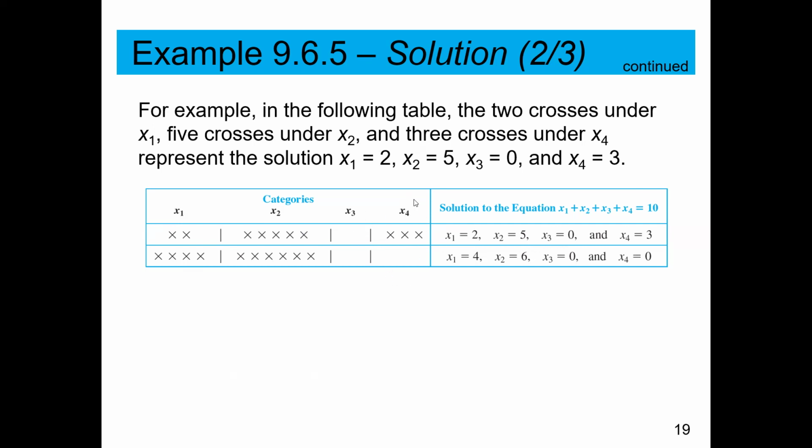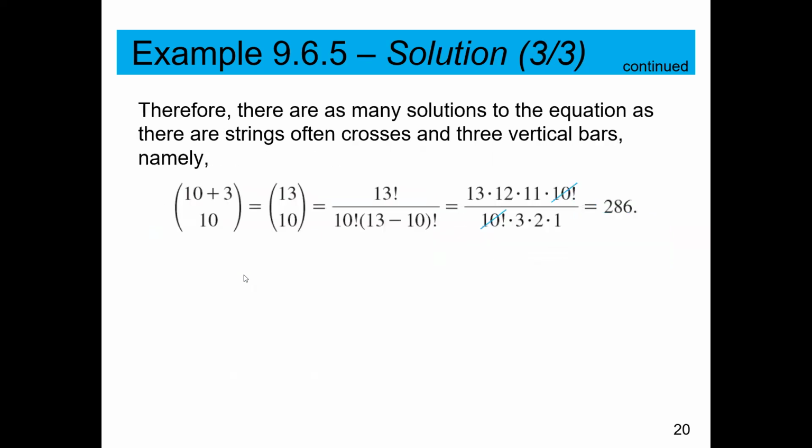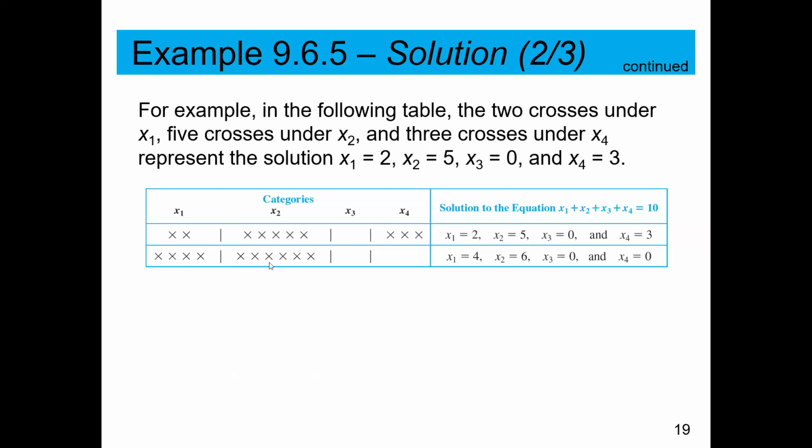And X4 is how many stars or crosses are in this box. So this answer of 2, 5, 3 is an answer. And this answer of 4, 6 is an answer. So what we really have is 10 plus 3, choose 10, or 10 plus 3, choose 3. Again, we can choose which one. I usually choose the smaller one, but it doesn't really matter. It's the same exact value.